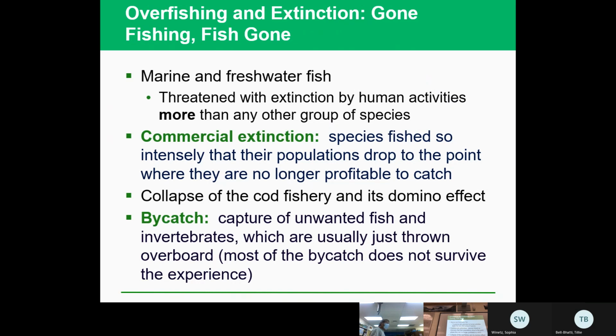And then we've got the issue of overfishing. There are some people that think we should just stop eating seafood altogether because of this. So this is a problem for both marine fish and freshwater fish. At Lake Tahoe, it's already too late.